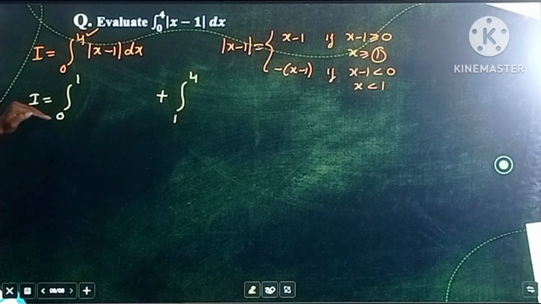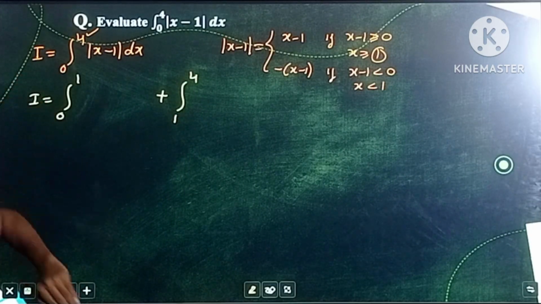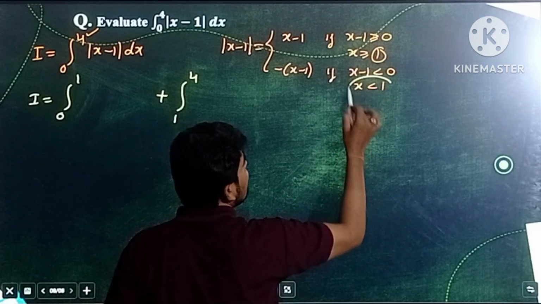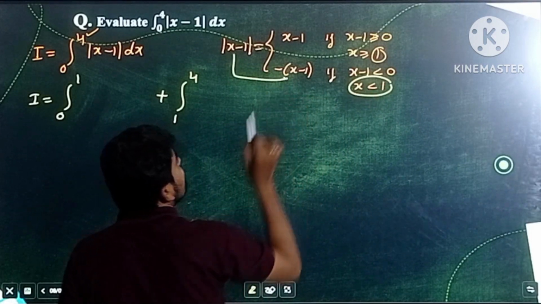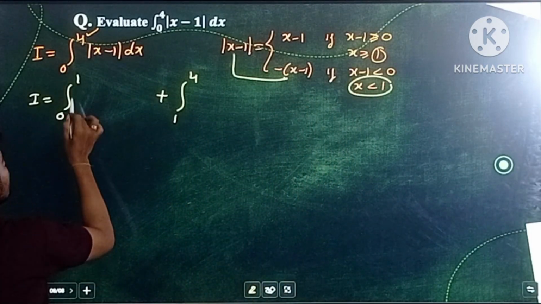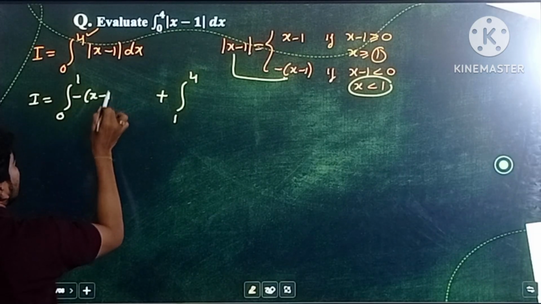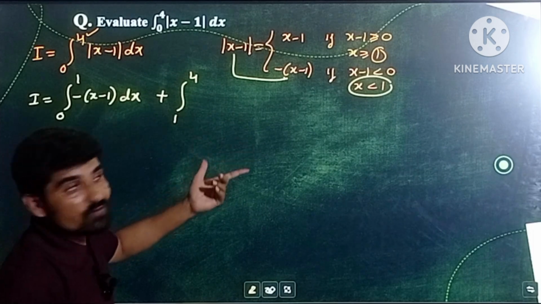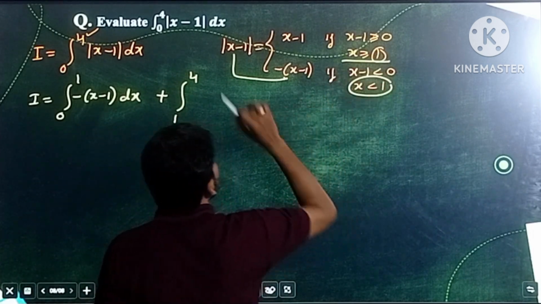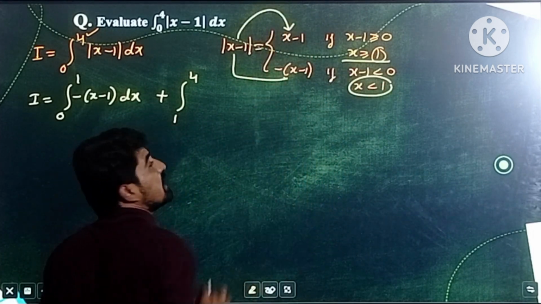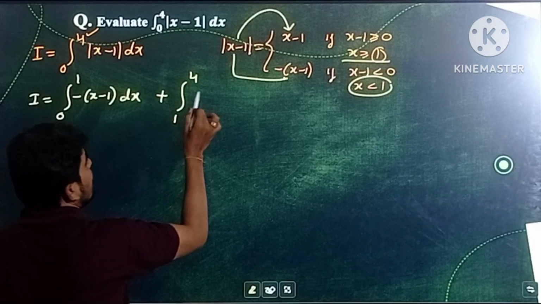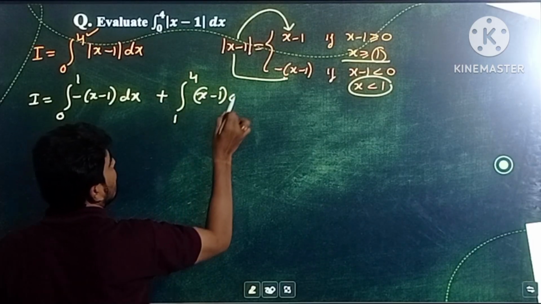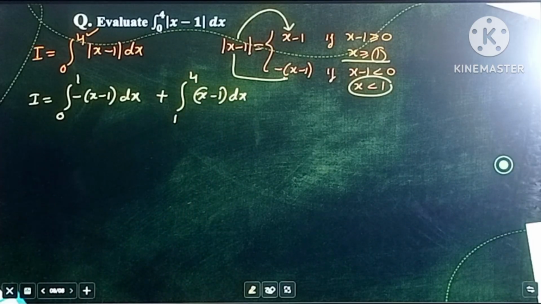In the integral limits 0 to 1, it means less than 1. When x is less than 1, mod x minus 1 is minus of x minus 1. So minus of x minus 1 with respect to x. From 1 to 4 means more than 1. When x is more than 1, the mod function is equal to x minus 1. Therefore, x minus 1 with respect to x. I hope all of you understand.